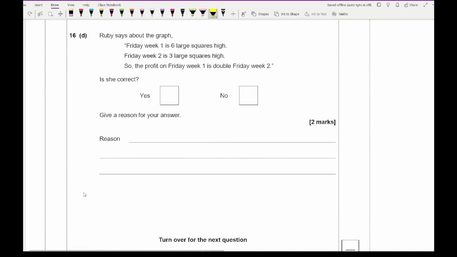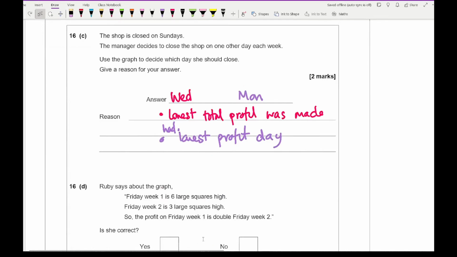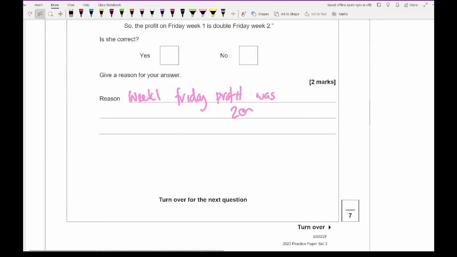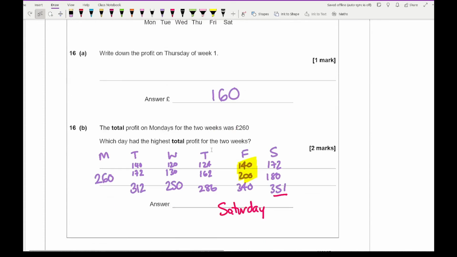So here, if I write that down, in week 1 Friday profit was, and if I just go back up to the graph, it was 200, and in week 2 the profit was, and if we go back to the graph, it was 140.